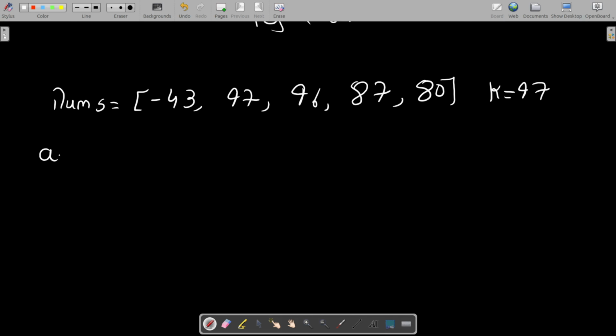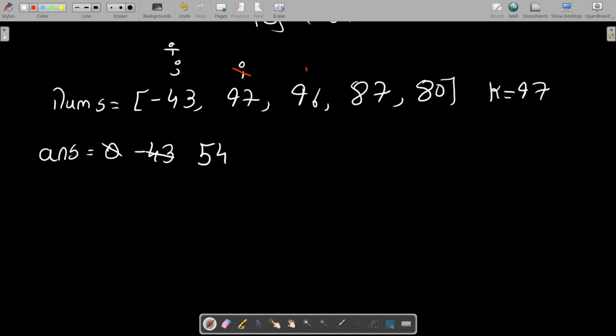So we have our answer as 0, so our i and j are here. First we have taken -43, so our answer goes to -43. When we add 97 to it, we get 54 as the answer.